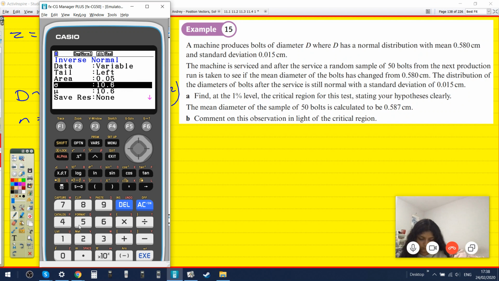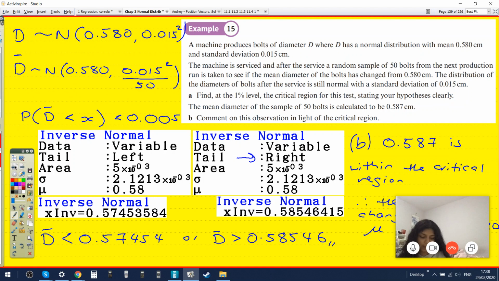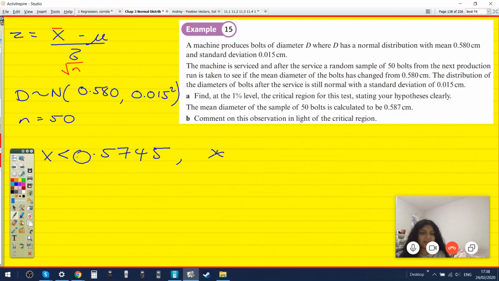For the left tail, which is less than, I got 0.5745. And that is x is less than, isn't it? Yeah. Okay, right tail, greater than, is 0.5855. Wait, is that all we have to do?